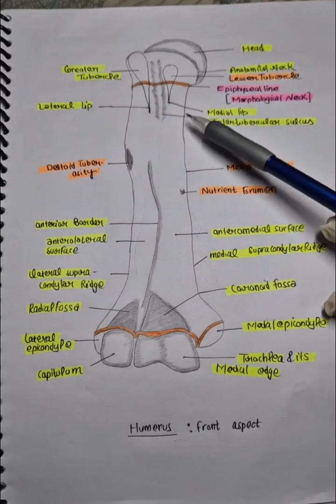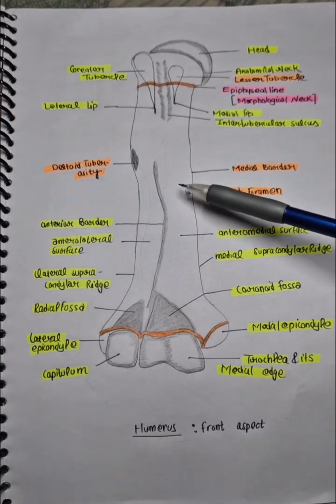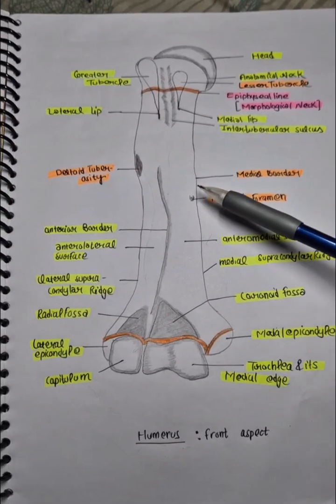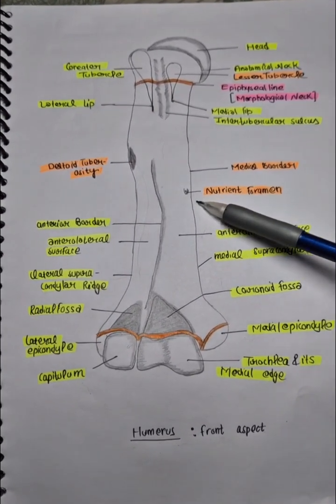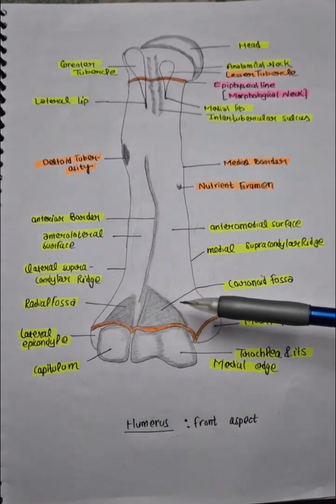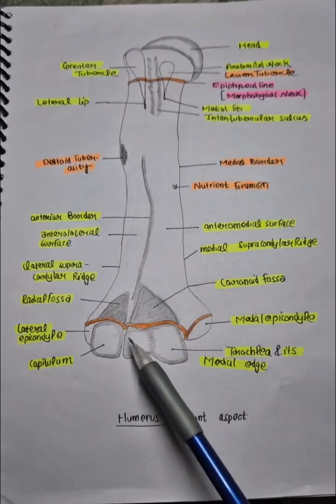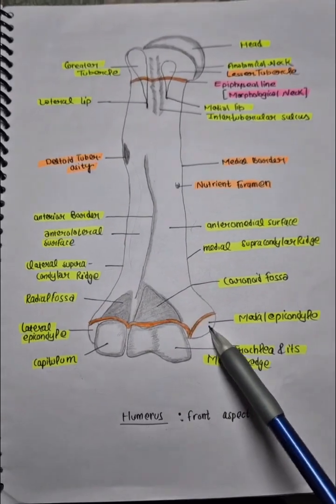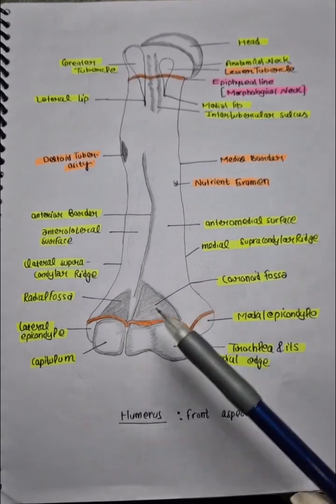As we can see, this is the floor of the intertubercular sulcus. In its middle part near the medial border, a nutrient foramen is seen. Behind this is the posterior surface.